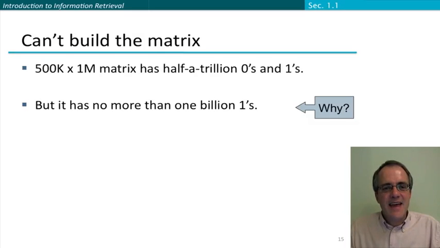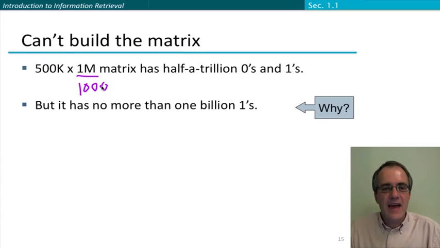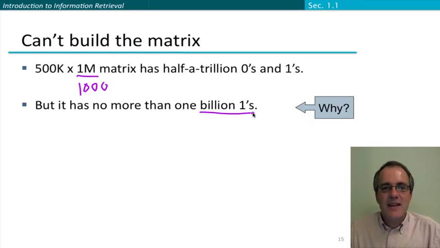The answer is, if we have 1 million documents and the average document is 1,000 words long, as we said last time, then the actual number of word tokens is only 1 billion. So even if we assume that every word in every document were different, we could only have at most 1 billion one entries. And most likely we have far less than that because we'll have common words like the, of, and to occurring many, many times in each document.